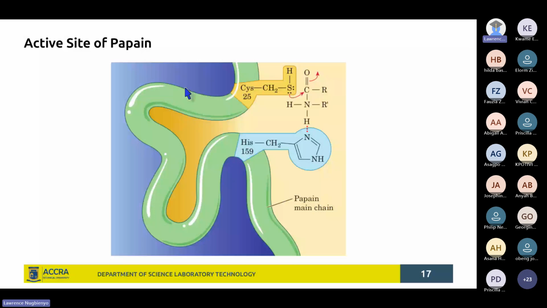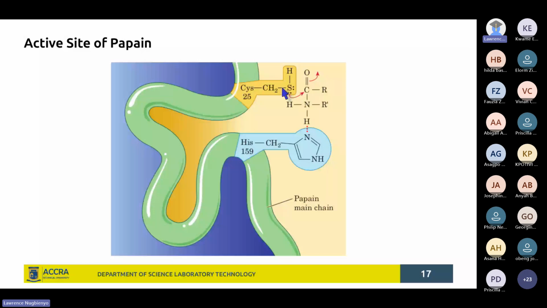And we see in the active site of the enzyme papain, there are two amino acids being shown here. One is cysteine. And so this is what I was talking about. Cysteine is having a side chain, CH2SH. That's the sulfhydryl group I was talking about. And you see, there's a number written there, 25. What does it mean?